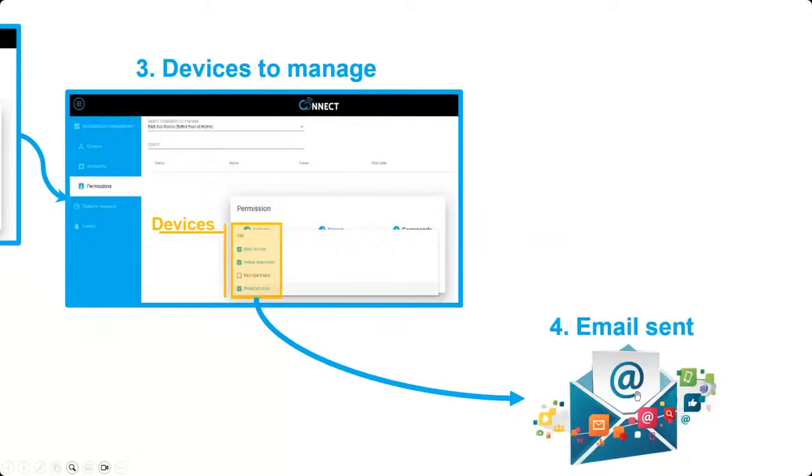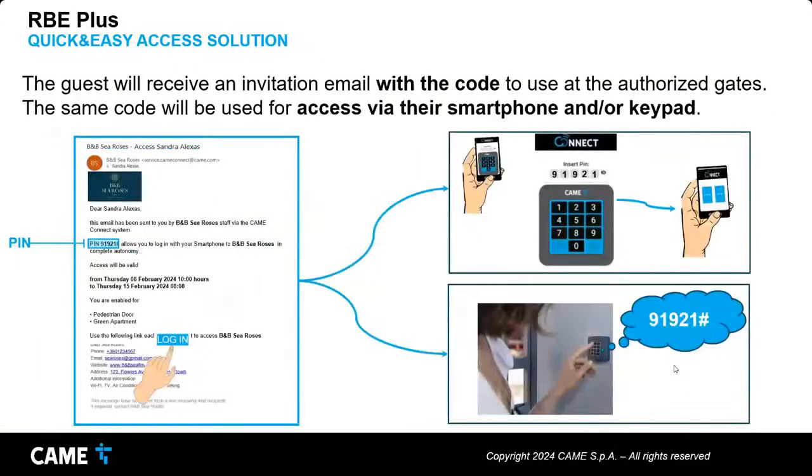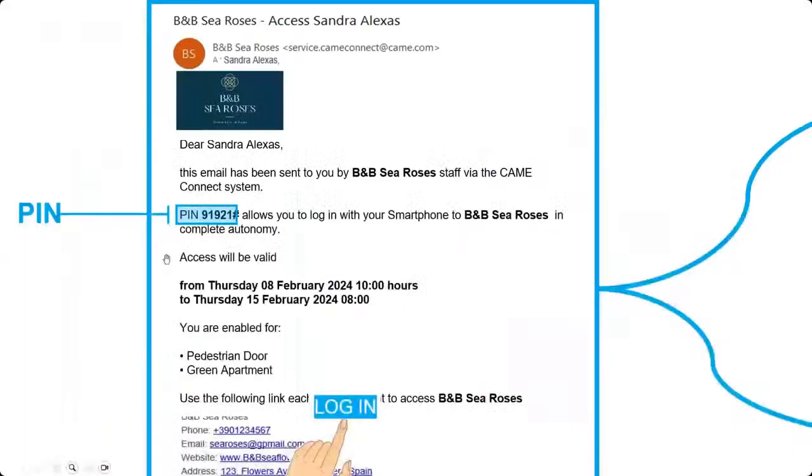What happens when we save these settings? CAME Connect will send an email directly to the email address of our user. And this is what the user will have as answer. So the user will receive, in this case, it is just an example, the mail from B&Bs Roses, and the access is for the guest named Sandra Alexas.